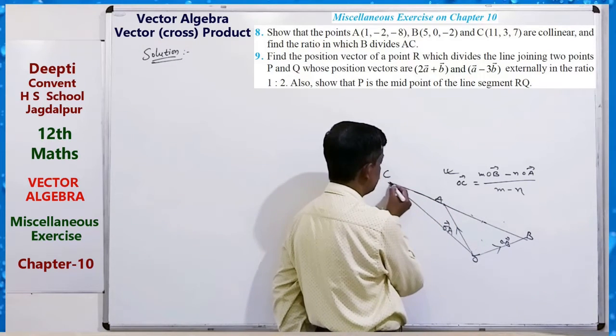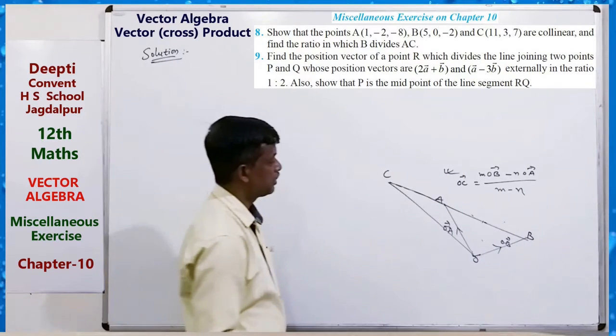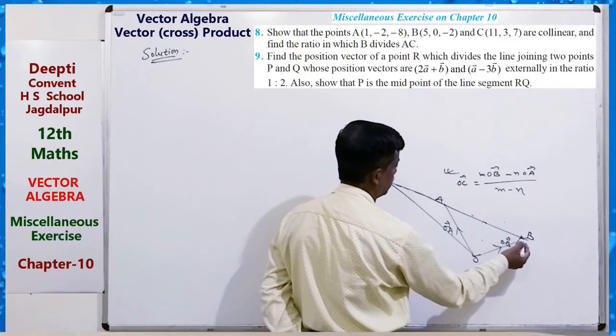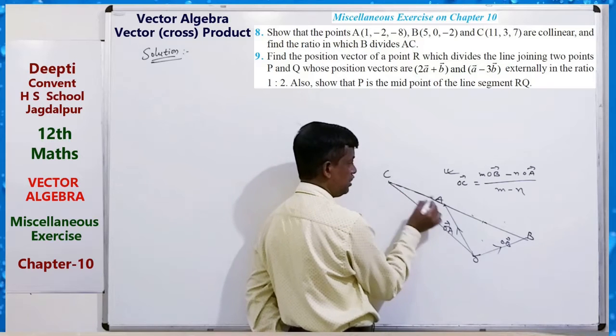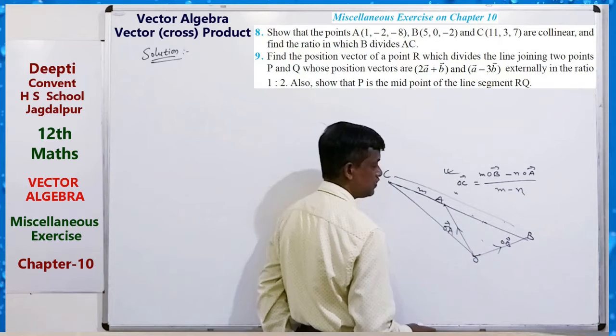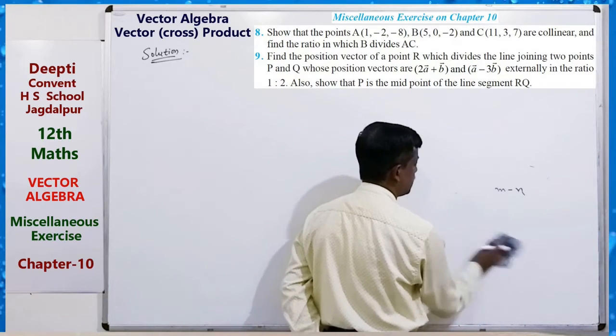First of all, OB into m, this is OA, this is m and this is n. External division means the minus sign is there.